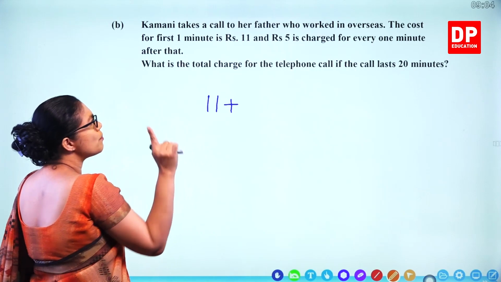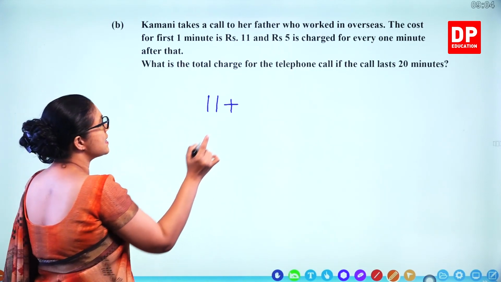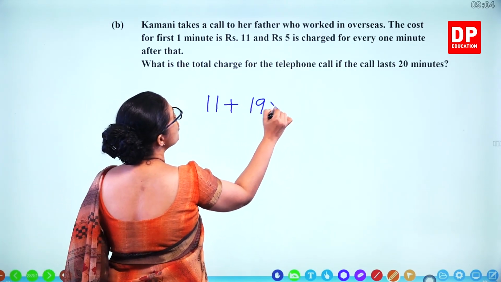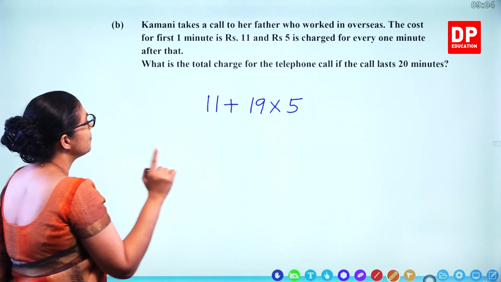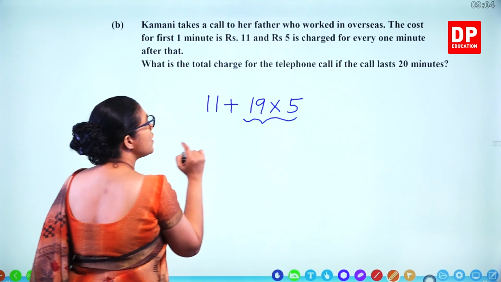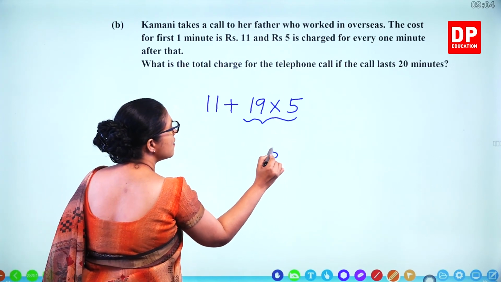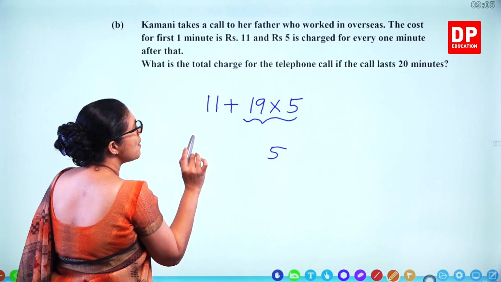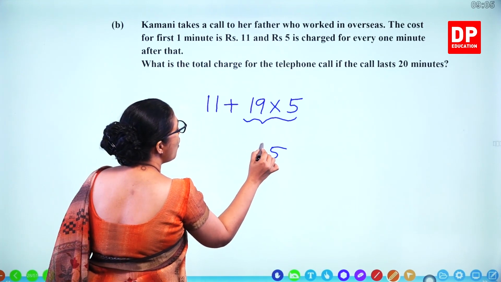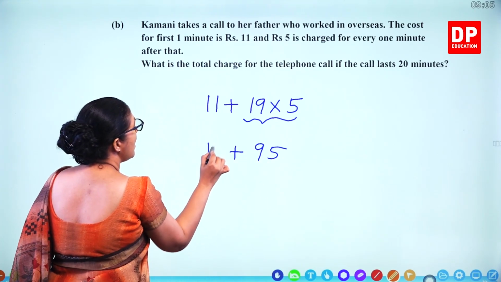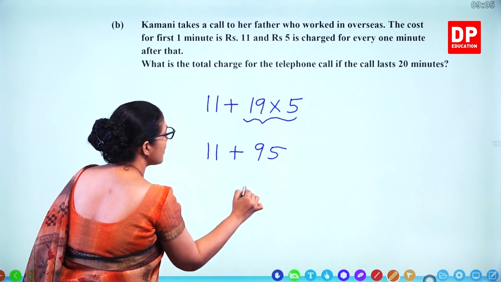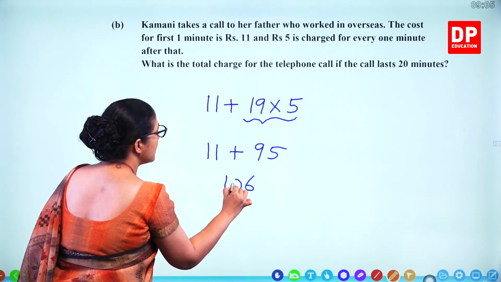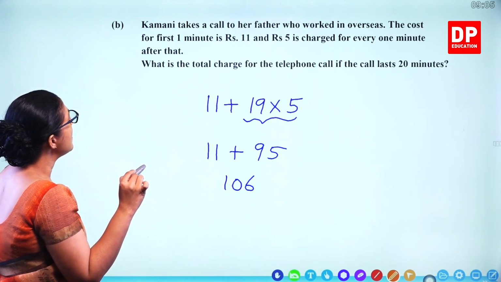And how many minutes more? 19 minutes. Each one is 5 rupees a minute. According to BODMAS, you have to do 19 times 5 first. 95. And 11 plus 95, you get 106. So 106 is the answer.